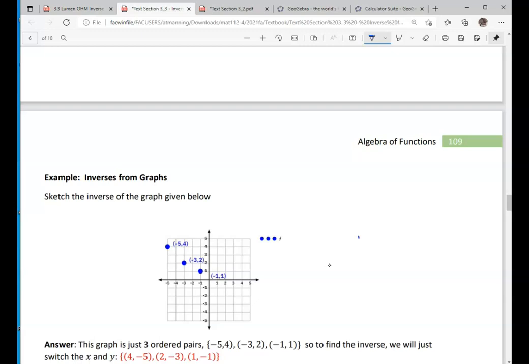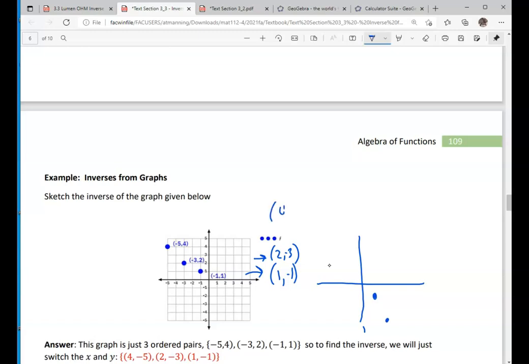And let's just do that by hand, just so we start to see graphically what we're doing here. So, -1, 1 becomes 1, -1. Okay, so x of 1, y -1, about there. Then -3, 2. The inverse is 2, which takes us back to -3, about here. And -5, 4.